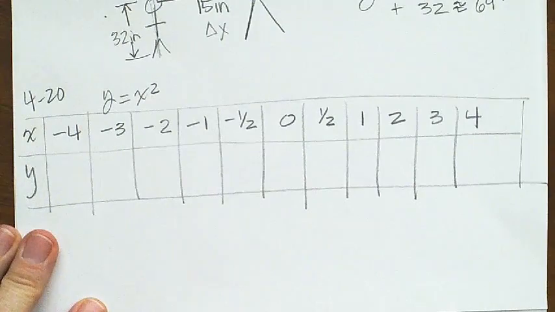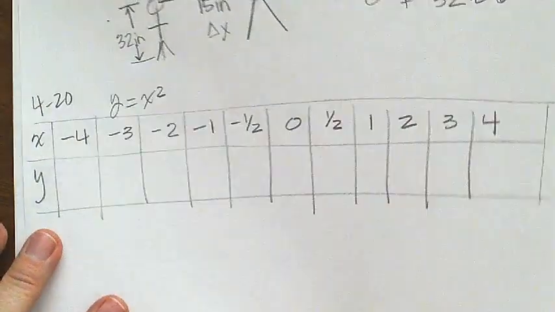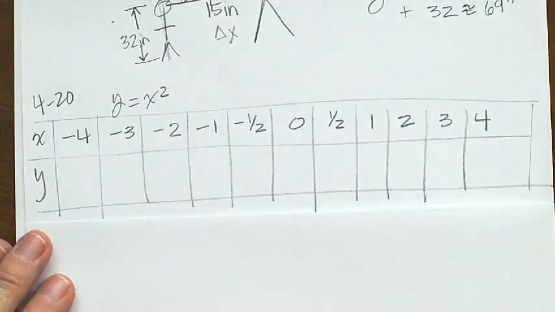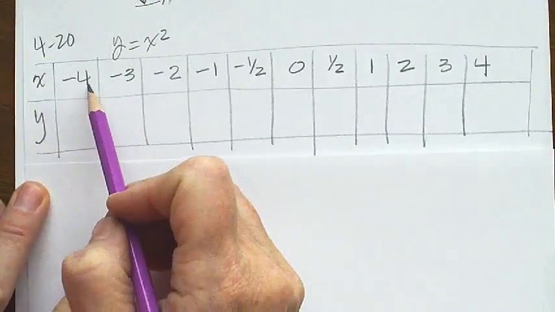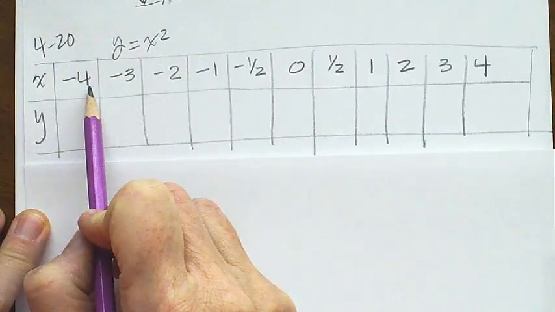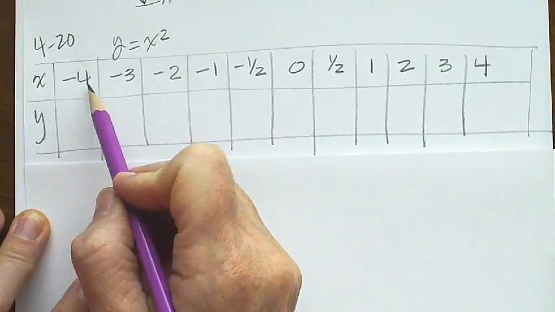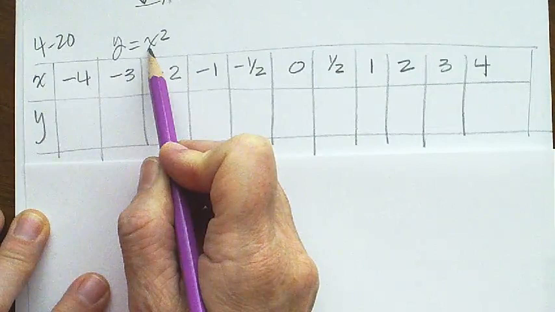However, I am concerned that you will not know where those values are coming from if we don't do at least some of these the long way. Actually, this is not going to take very long if we do all of these the long way. So we're just going to plug in negative values of x.